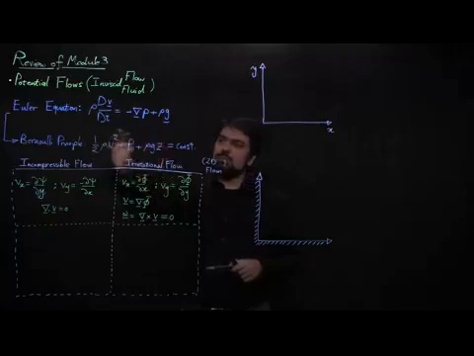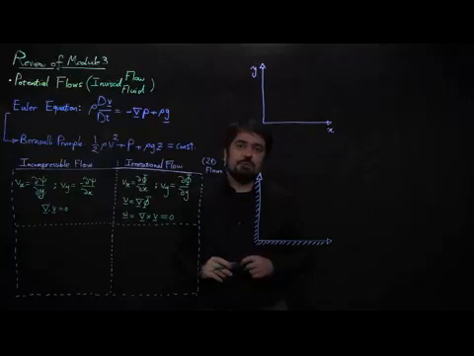The sum of these three different sources of energy should become constant everywhere in the flow. This is as long as the flow is irrotational in the domain that we are interested in.